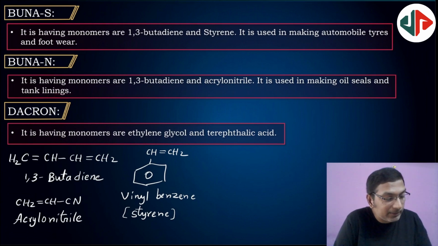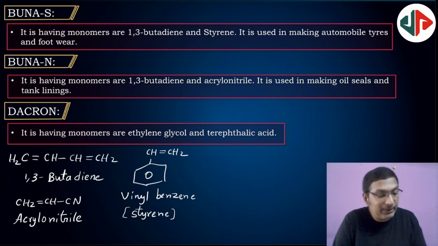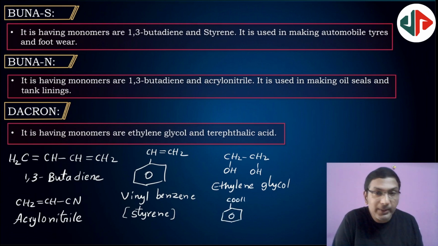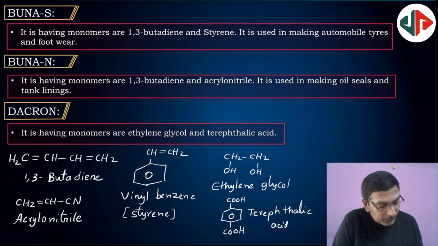Next, Dacron. It is also known as terylene. Terylene has monomers ethylene glycol, formula CH2OH-CH2OH, and terephthalic acid. The two COOH groups must be para. Terephthalic acid, very very important.